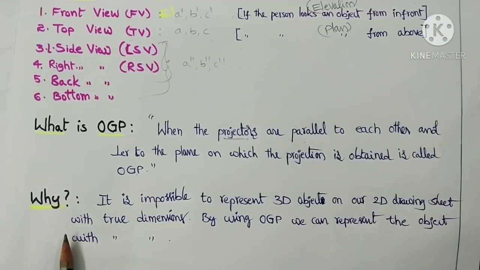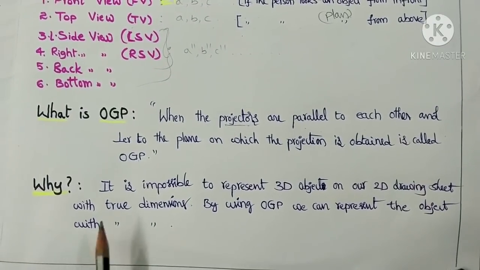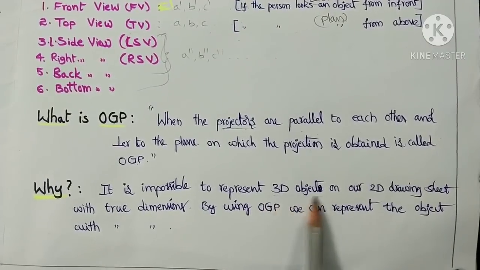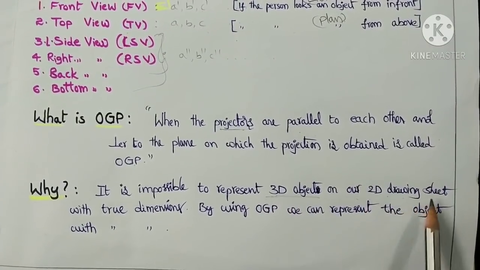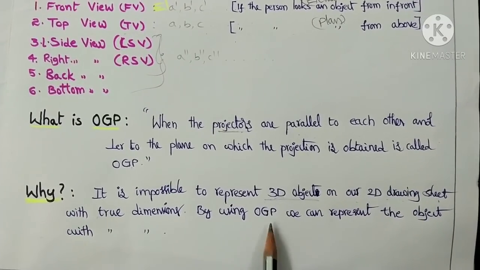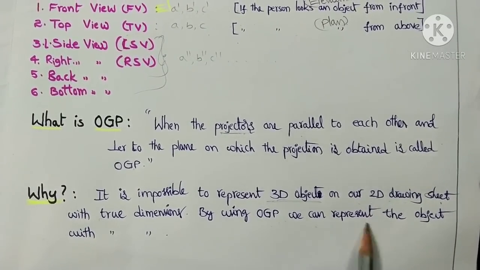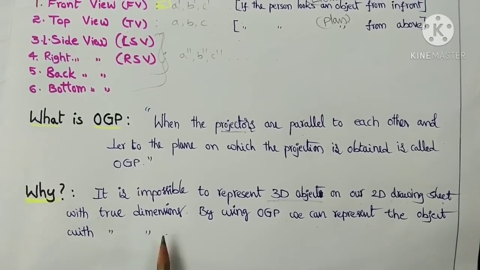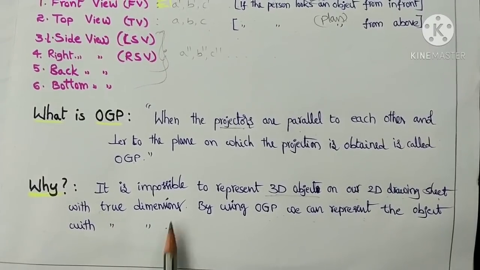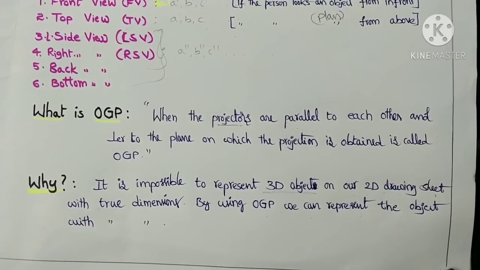And why should we learn this concept in engineering drawing? Because it is impossible to represent a three-dimensional object on our 2D drawing sheet with true dimensions. By using orthographic projections, we can represent that object with true dimensions. That is the reason for learning orthographic projections in engineering drawing.